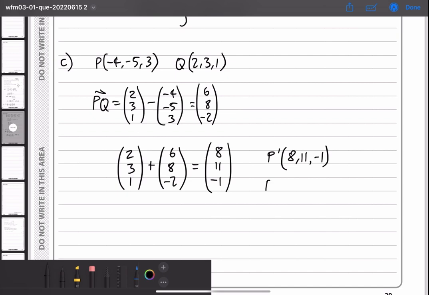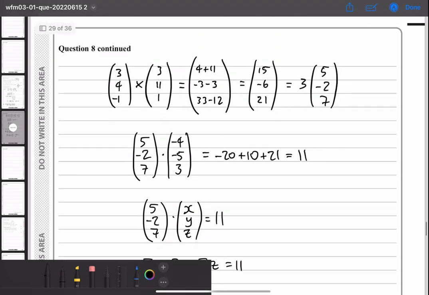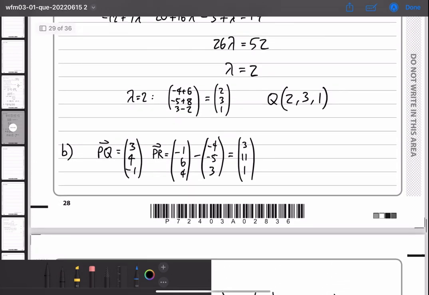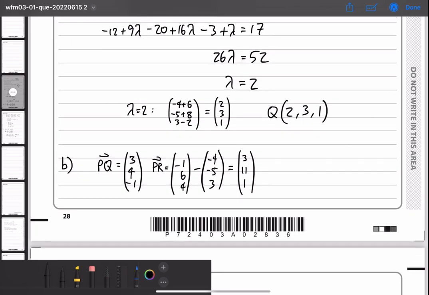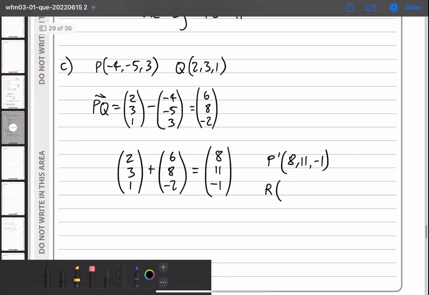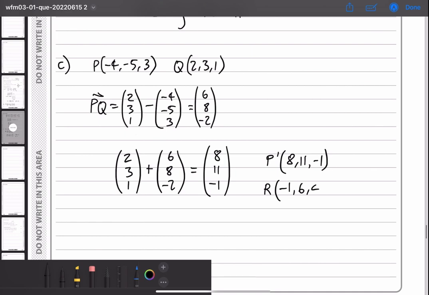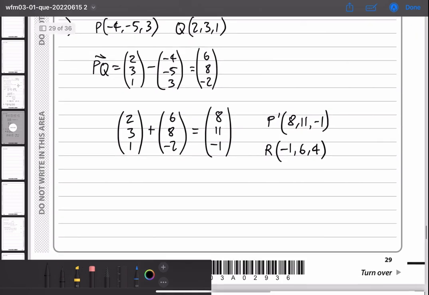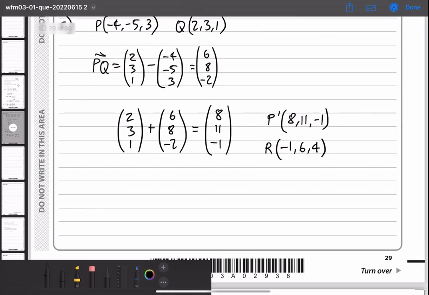I also still know R, and that is somewhere where it's R, -1, 6, 4. So I've got these two things and I can find the equation of L3, first by finding P prime to R for the direction vector.